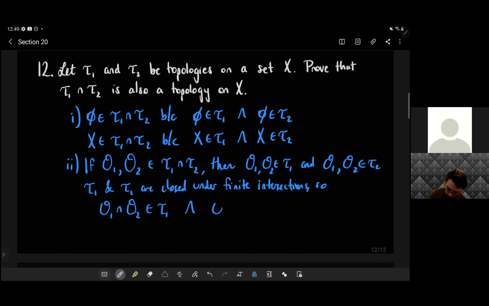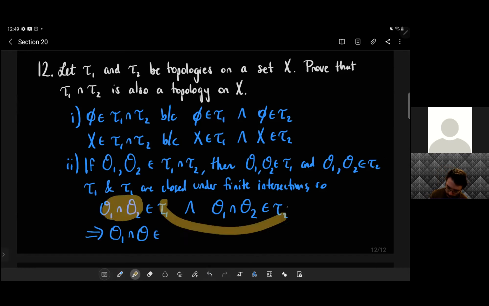And O1 intersect O2, they were also in this topology, tau2, so their intersection has to be in tau2. But that implies this thing is in both tau1 and tau2, so it's in the intersection of tau1, tau2.